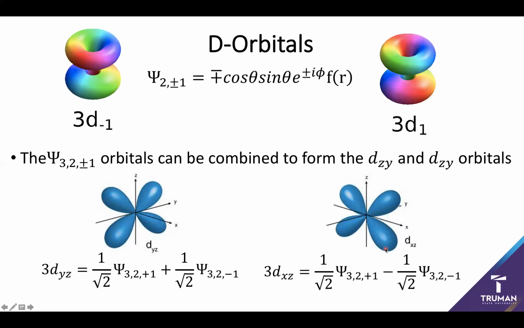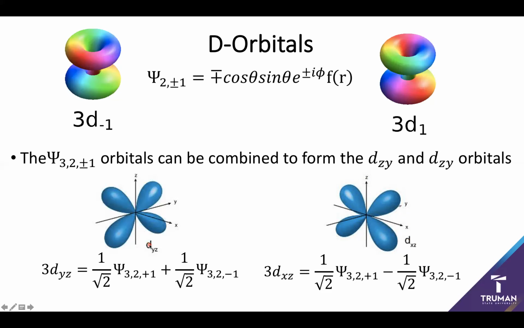And we guarantee that all the probability density happens here in that xz plane. Again, for both of these functions, we've got no probability density pointing along any of the z, y, or x axes. Instead, it bisects the two axes of interest.